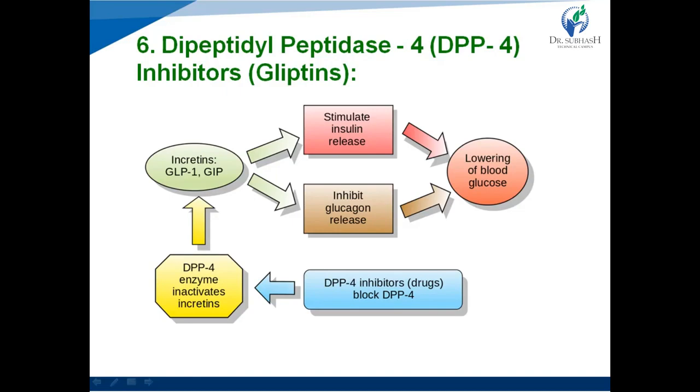But the DPP4 enzyme inactivates incretins. DPP4 inhibitor drugs inhibit the DPP4 enzyme, so inactivation of incretin is inhibited, and incretin can do its work properly, which is to lower blood glucose level.